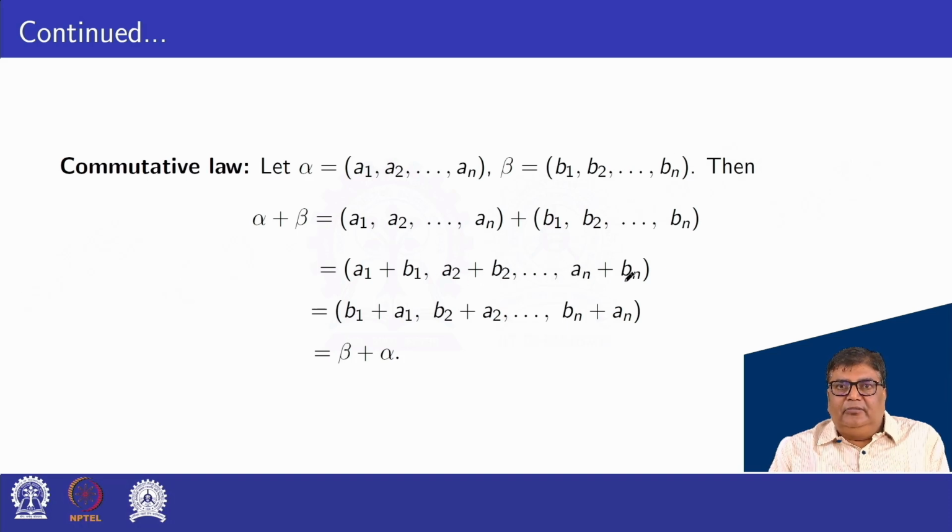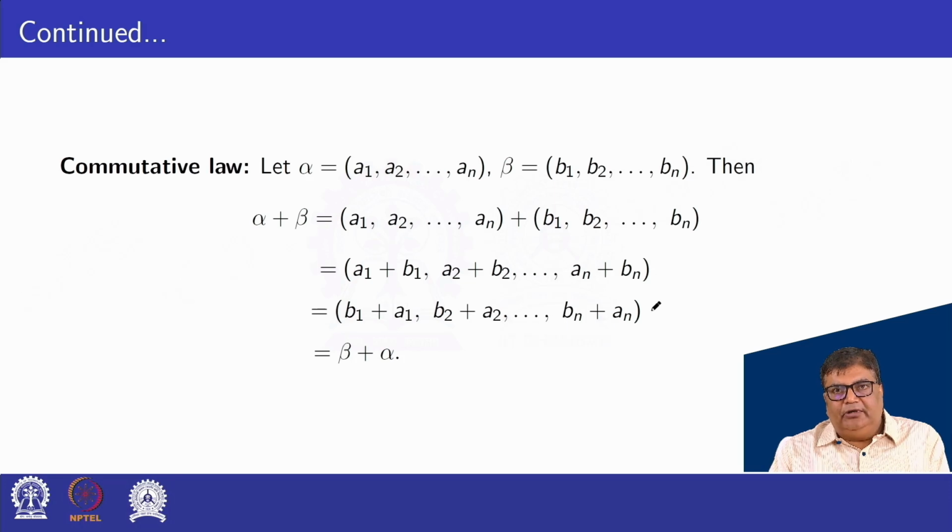All members of this n-tuple are scalars, so we can write a1 plus b1 as b1 plus a1, a2 plus b2 as b2 plus a2, and so on, bn plus an.